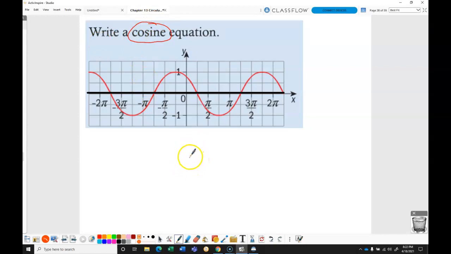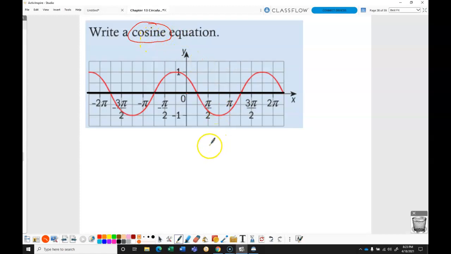We could actually have written it any way we wanted. If we wanted to see it as a sine graph, we can go over here, which we know sine should start there, so that would be a translation that way. Or we could go here and it would be a positive translation horizontally. But it's telling us to write it as a cosine graph.